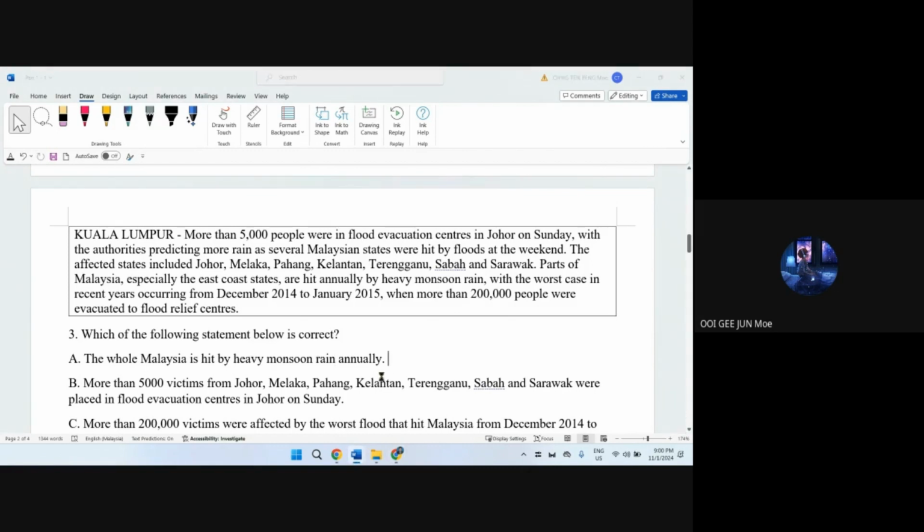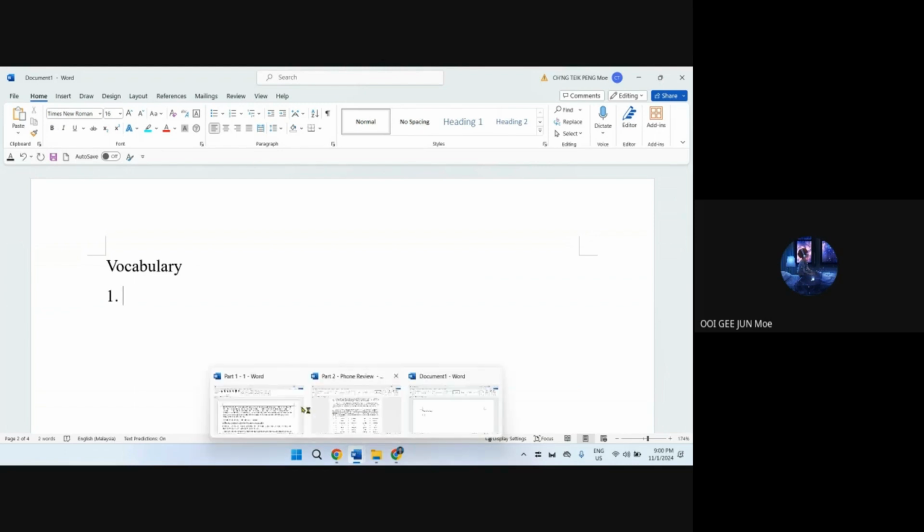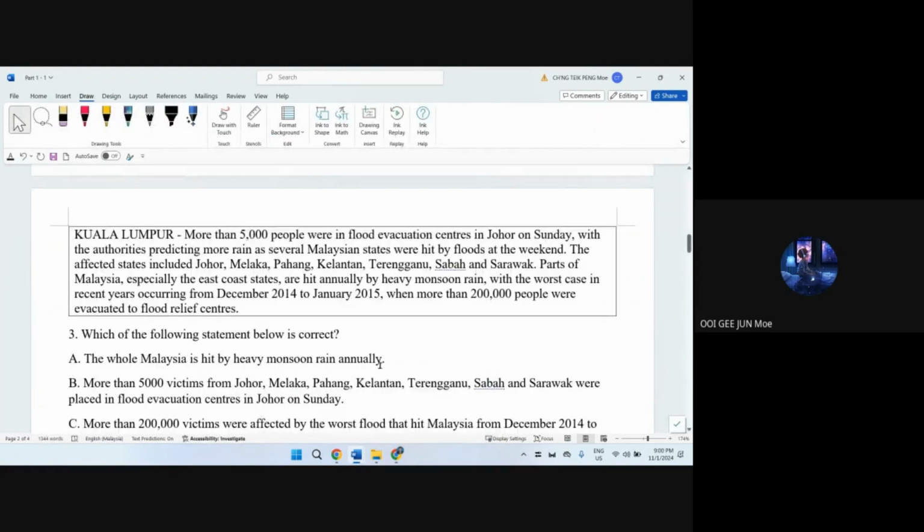Parts of Malaysia, especially the East Coast states, are hit annually by heavy monsoon rain, with the worst case in recent years occurring from December 2014 to January 2015, when more than 200,000 people were evacuated to flood relief centers.